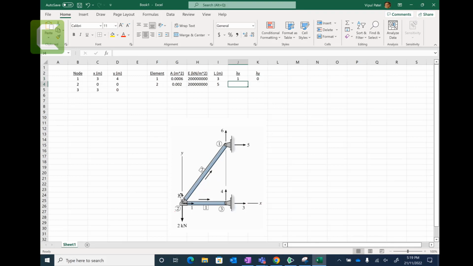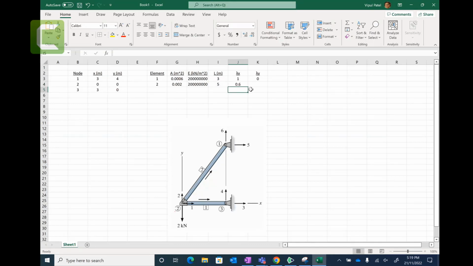Now, element number 2, we have here, this is 0, 0, and this one is 3 and 4. So bracket, x of number 1, take away x of number 2, divided by length, 0.6.